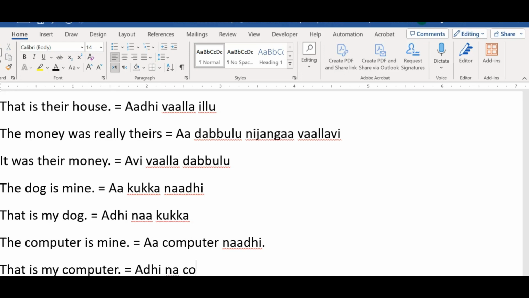Perfect. So this is a very common variation. Just remember this structure and try to practice. Make some more sentences.